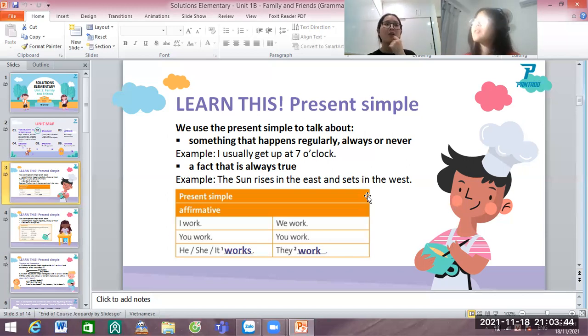Something that is always true and we cannot change. The pencil can draw.